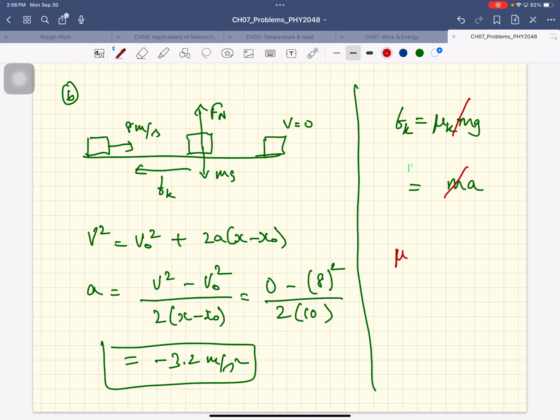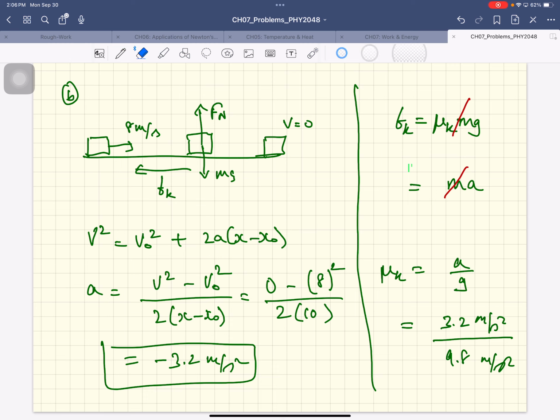So mu k, so the coefficient of friction is 0.33 between that box and that surface.